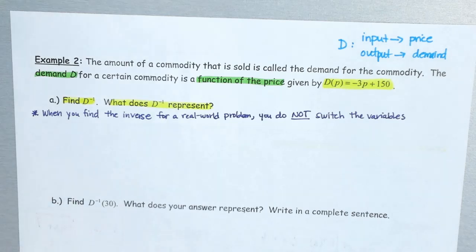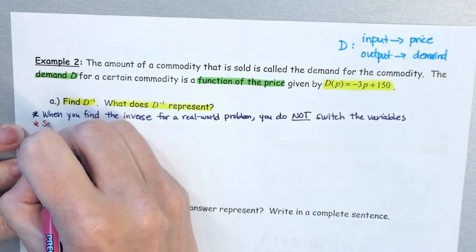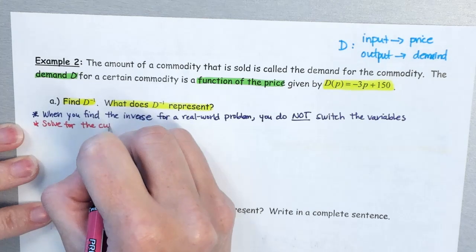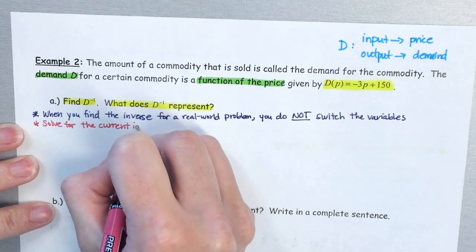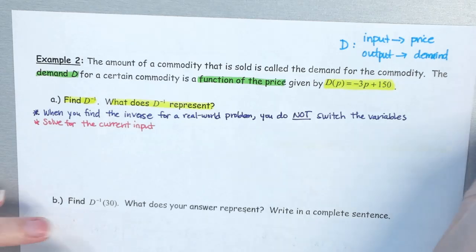Okay, what you do have to do is solve for the current input value. Okay, so in this case, our current input is P.